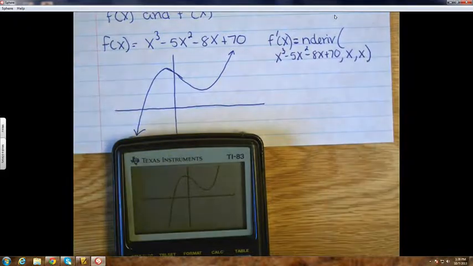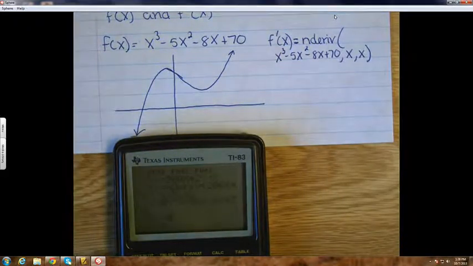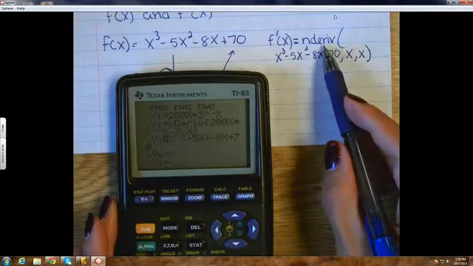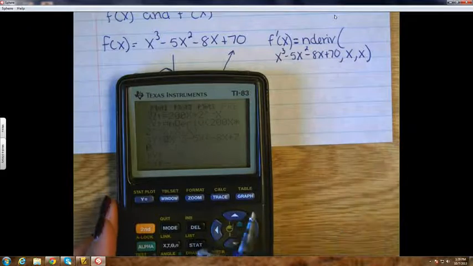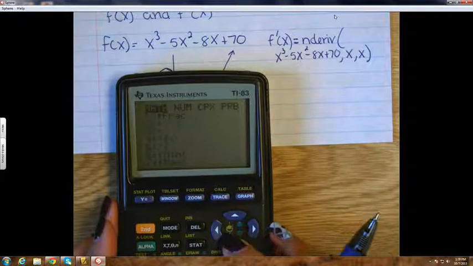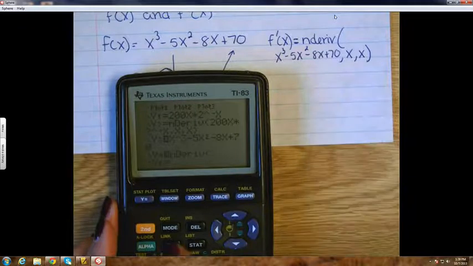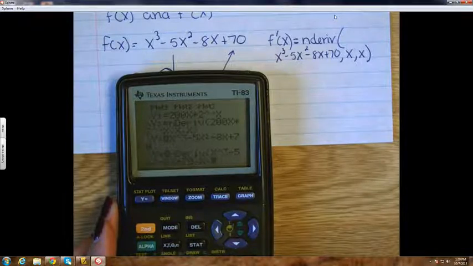So we'll go to y equals, come down to another equation. I want the derivative of my function, so I'm going to go to math, get that NDeriv. I have to tell it the equation, x cubed minus 5x squared minus 8x plus 70, comma, x comes next, comma, and because I want it to do all of the x's, I'm going to feed it x again, not just a single number.